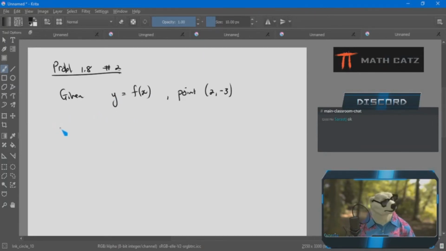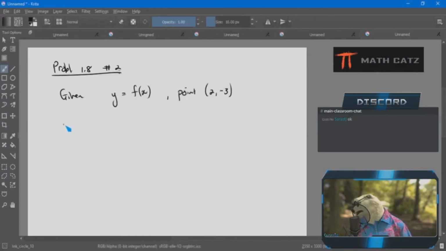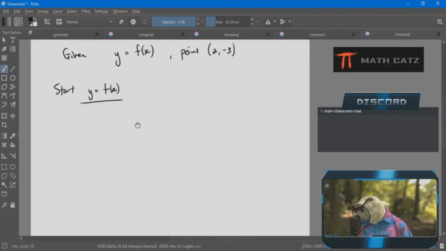In number 2, I want to evaluate. So let's say it like this to make it consistent with the other one. I start with my function. Let's just see that function before we transform it. I can't draw apparently.